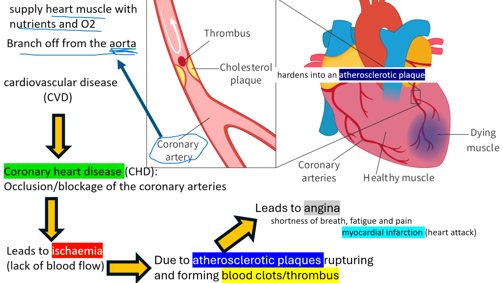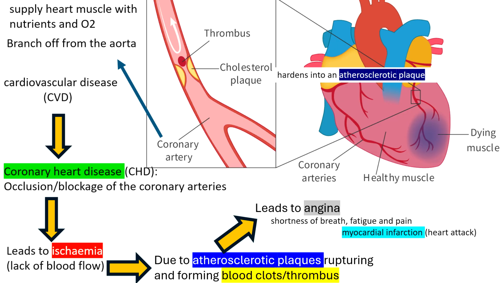Okay, so in the case of having a cholesterol plaque in this artery, this yellow thing right here, that's going to make this coronary artery have a smaller area around here. This is going to be a problem. Why?